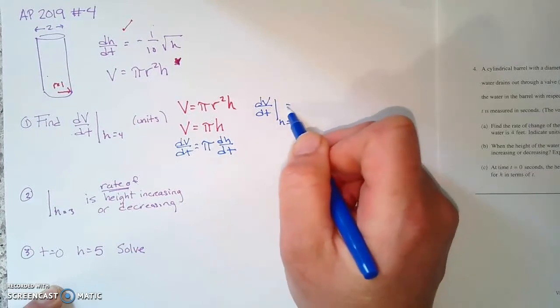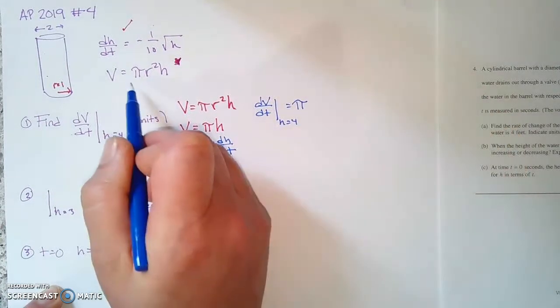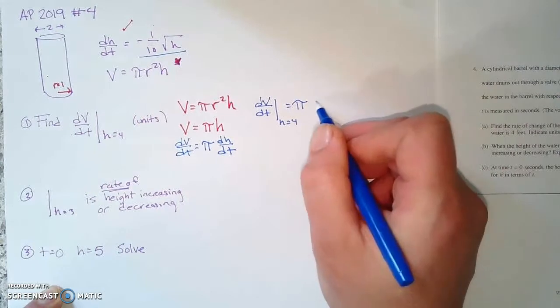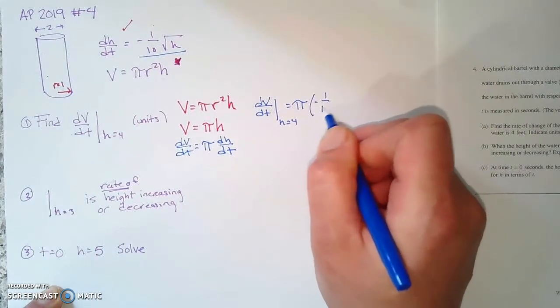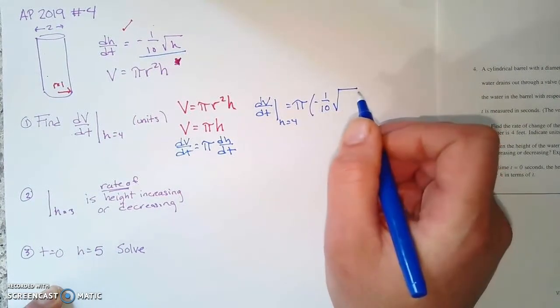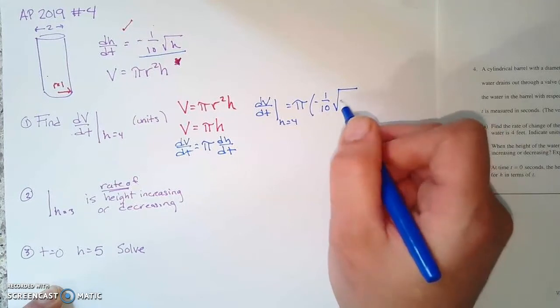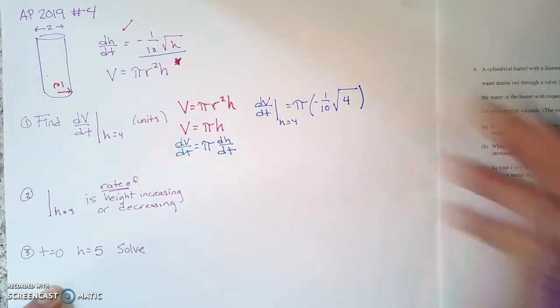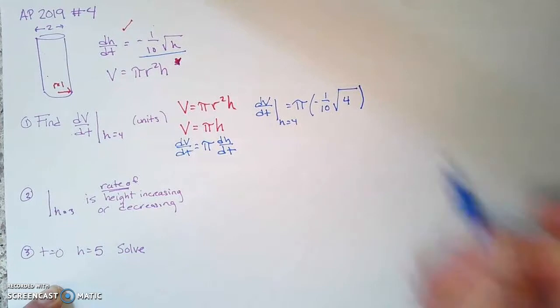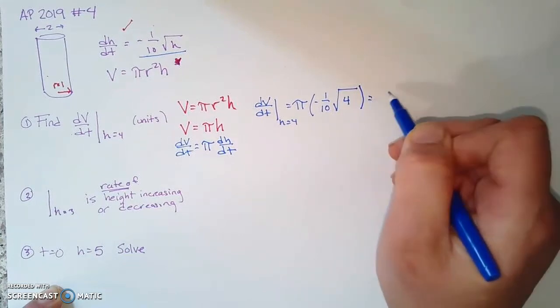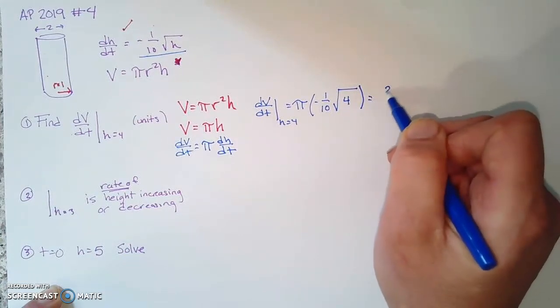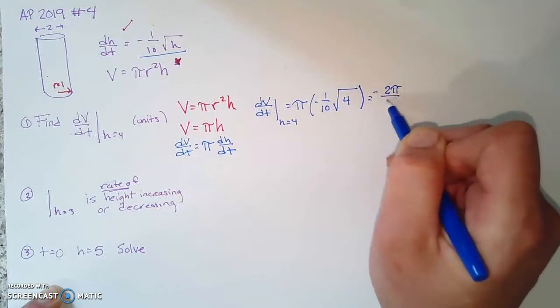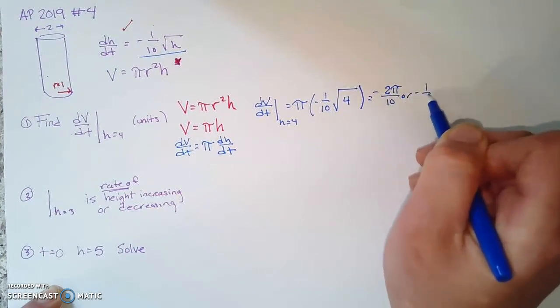I've got pi times dh/dt, which is this equation right here, so it's times negative 1/10 the square root of the height, and the height is 4. Take a look at how this problem works out. I could leave it like that, but it's going to be negative 2 pi over 10, or negative 1/5 pi.